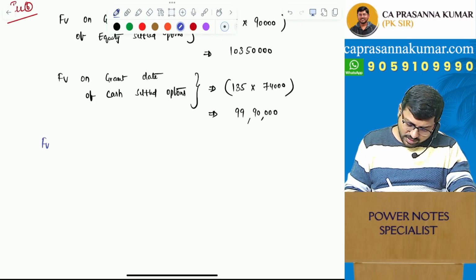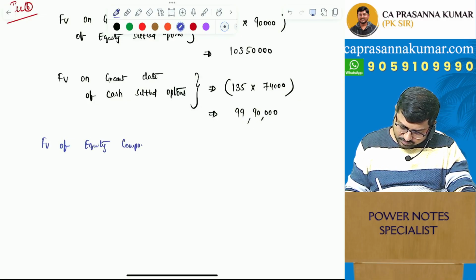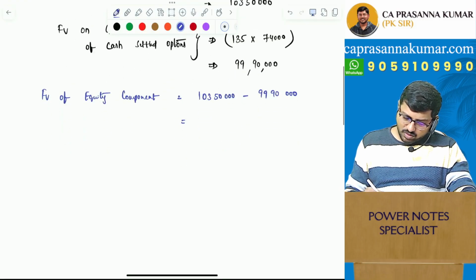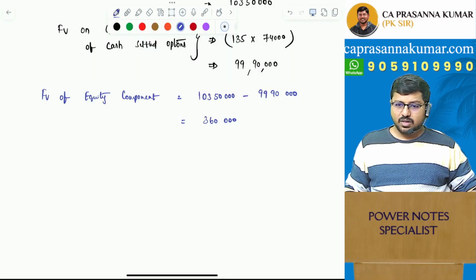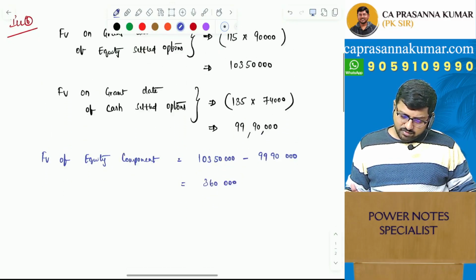So, fair value of equity component is equal to 1 crore 3 lakh 50,000 minus 99 lakh 90,000. That is equal to how much you get, Nana? 3 lakh 60,000. All right, all of you have got this. Chalo, easy peasy. We are done with the basic calculation.